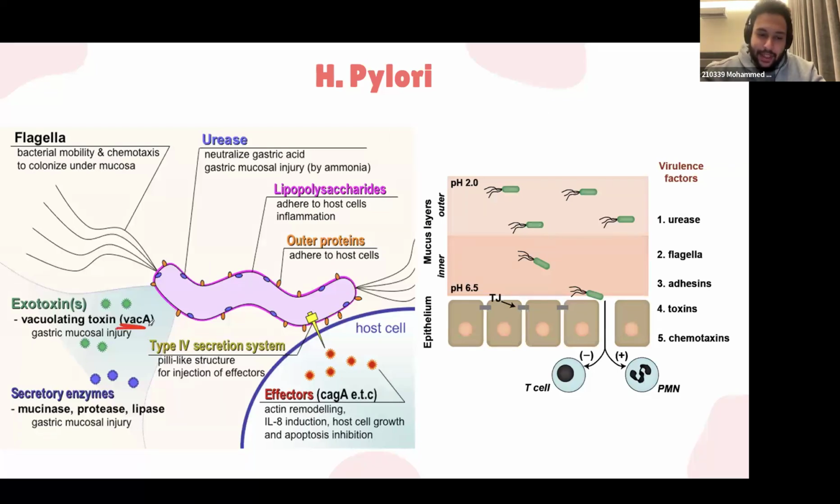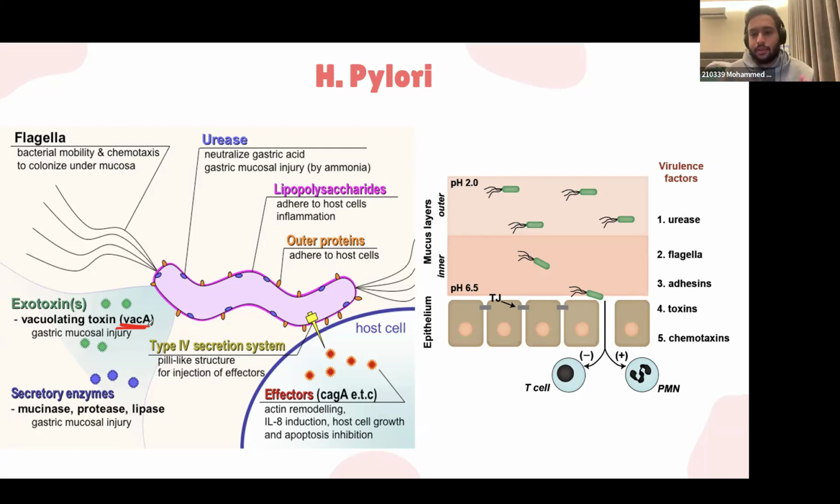There are two important virulence factors that I want you guys to remember, other than urease and proteases and so on, that a lot of different bacteria have. This one will have VacA, which is vacuolizing toxin, which causes holes, from the name. Number two is CagA. CagA will cause the inflammation, will activate the immune cells.